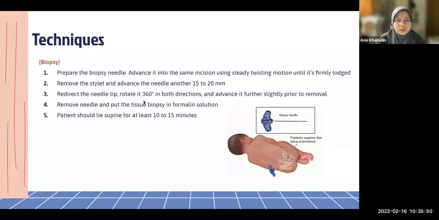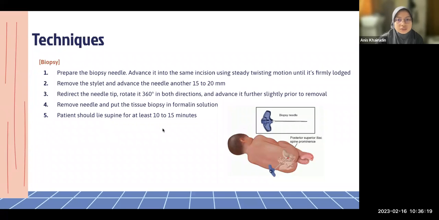After we have advanced it, we move the needle a bit and rotate it 360 degrees in both directions because we want to detach the tissue so that it won't be left inside when we pull it out. Then remove the needle and put the tissue biopsy in the formalin solution.